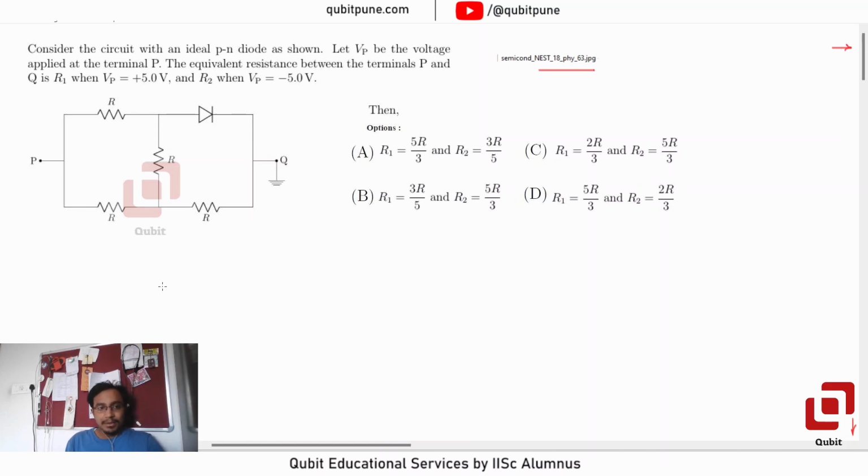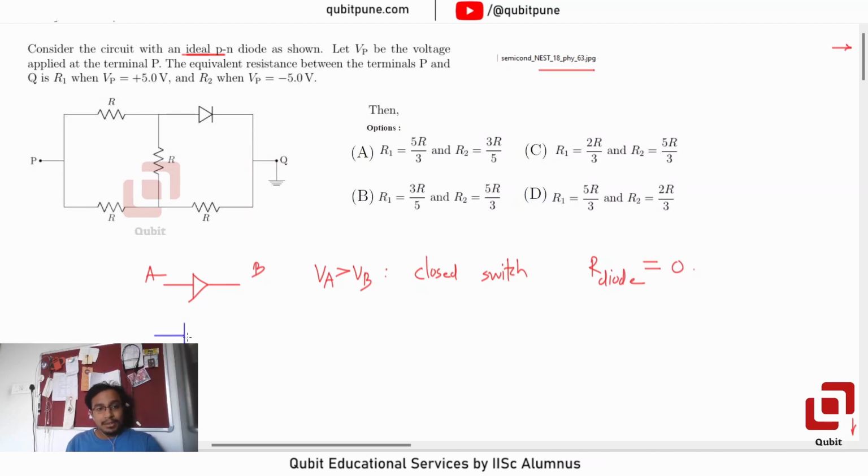When the diode is in forward bias, it acts as a closed switch. And because they are saying that the diode is ideal, the resistance of the diode is 0 in forward bias condition.